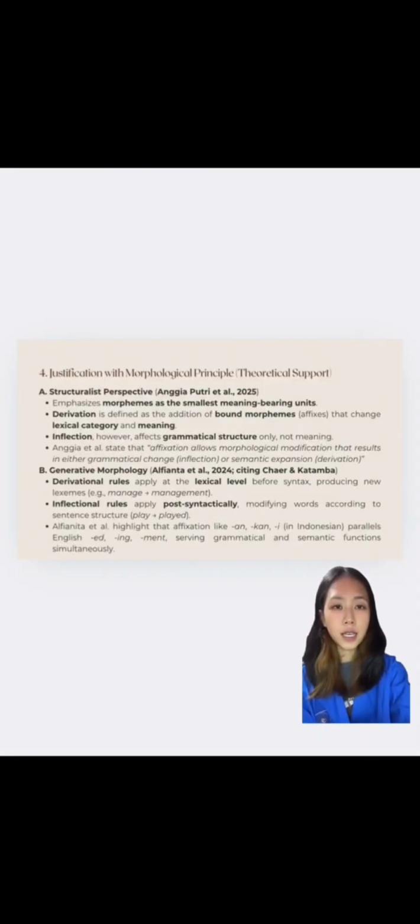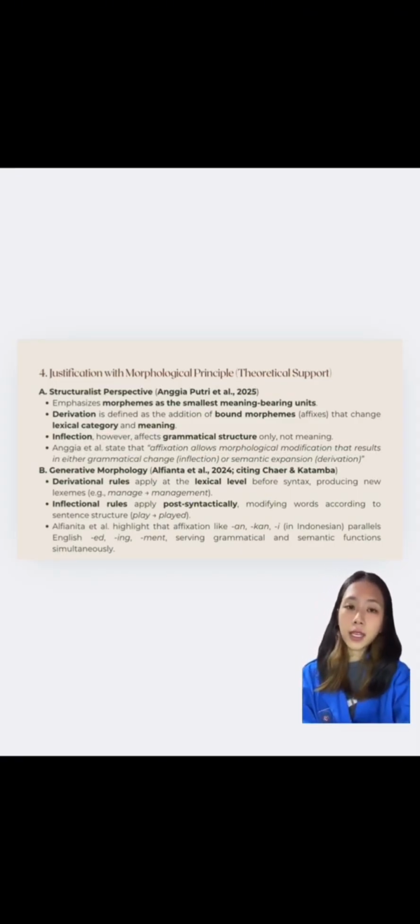So the next slide is justification with morphological principle, or theoretical support. I will explain this with simple points. For this slide, according to Angia Putri et al. 2025, affixation plays a crucial role in both grammatical and semantic modification, central to morphological productivity.